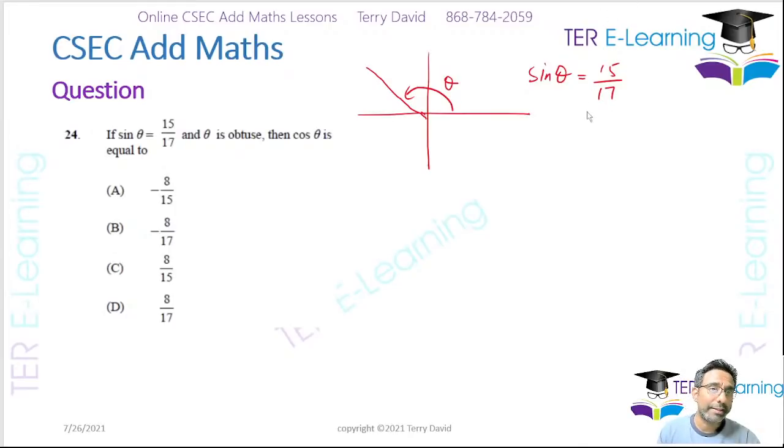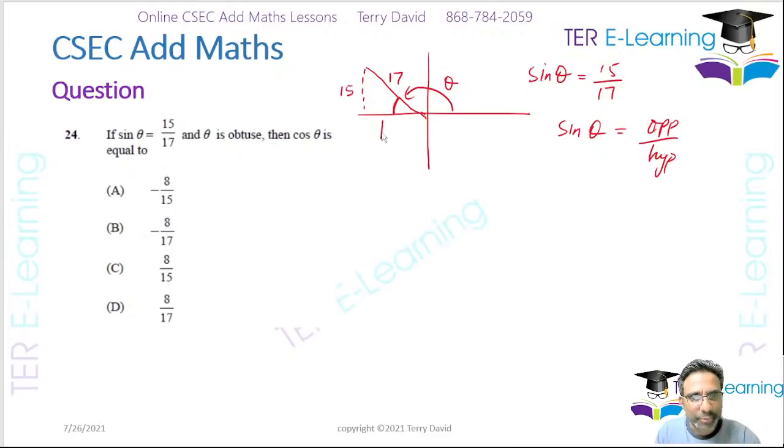Now remember that the ratio sine, right, is opposite over hypotenuse, right? That's what we need to make use of here. So here's what we're going to do. We're going to make use of this angle here. It's opposite over hypotenuse, so therefore this length here is 15, right? And my hypotenuse here is 17. So therefore we need to find what this adjacent is before we can do anything else.